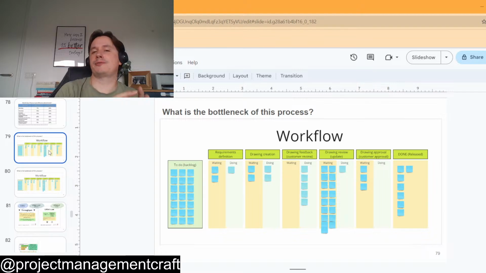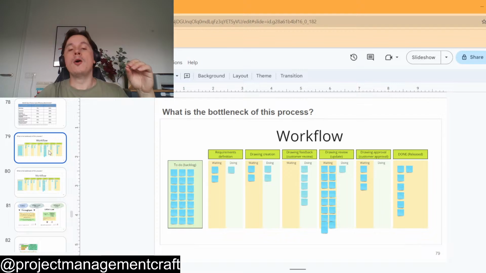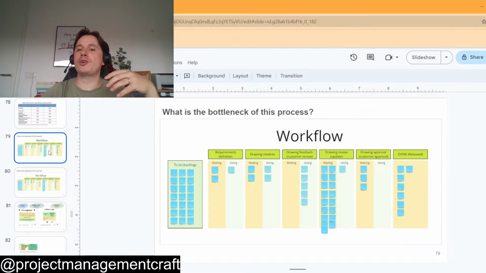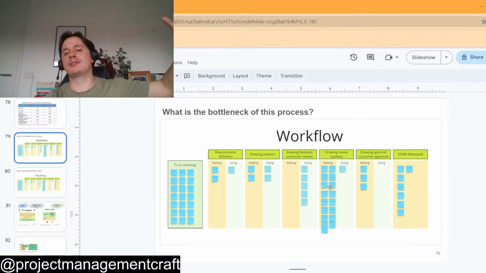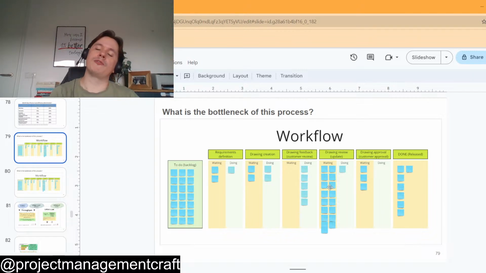Differently from a manufacturing line, where, for example on an assembly line for a car, if you find a big inventory or stock of components, usually you can see it physically. But in a project, you're not going to see a pile of drawings to be reviewed. Some companies that are a bit more organized have this already in a system, but very often people do not look at what the backlog looks like.